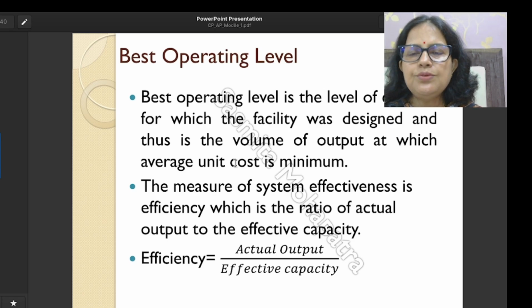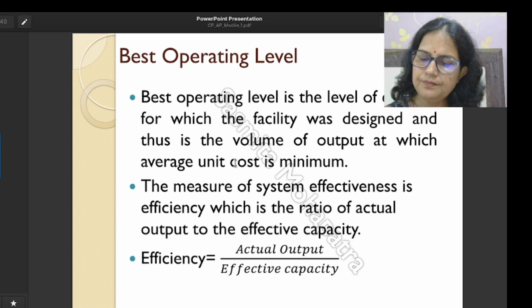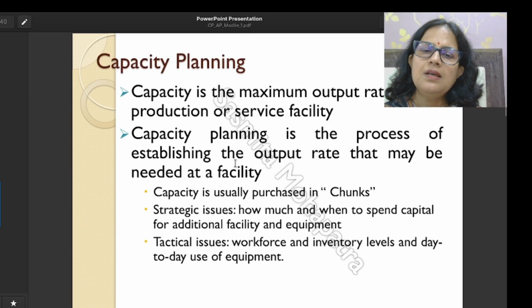Three things we need to know here. One is design capacity or the best operating level. Second is effective capacity or system capacity. Third is the actual capacity. In capacity planning, we know that capacity is always purchased in chunks, in lots.